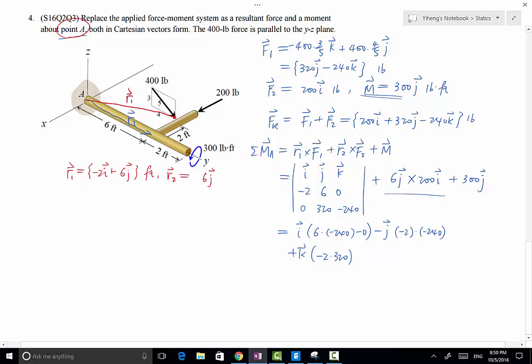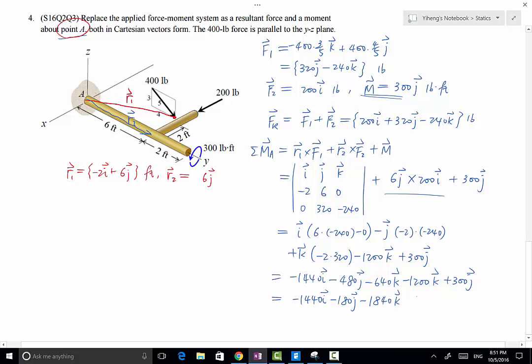And then for the 6j cross 200i, j cross i is negative k, so that's simply negative 1200k plus 300j. And that equals negative 1440i minus 180j. And then lastly, minus 1840k in the unit of pound-foot. So that's it. The resultant force right here, resultant moment right here.